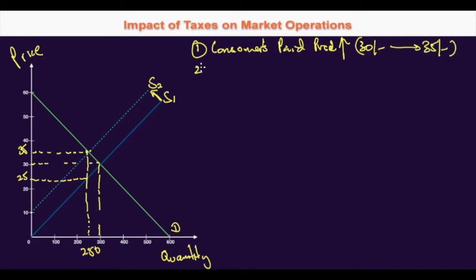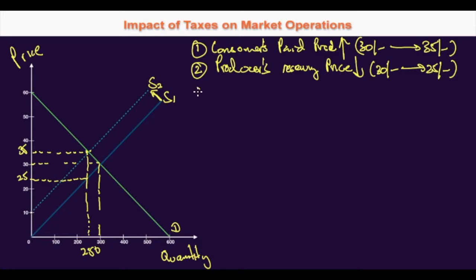And consequently, the producer's receiving price would decrease from 30 rupees to 25 rupees. The third point is a decrease in equilibrium quantity from 300 units to 250 units. So equilibrium quantity would also decrease from 300 units to 250 units.